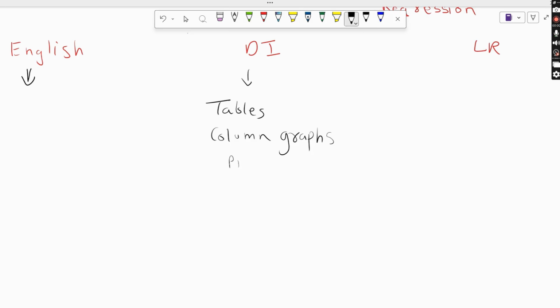There is the pie chart, Venn diagrams, and caselets. Caselets or caslets, I don't know how to pronounce it.